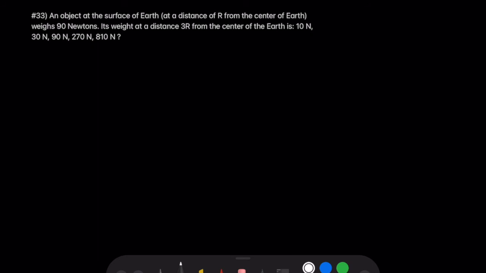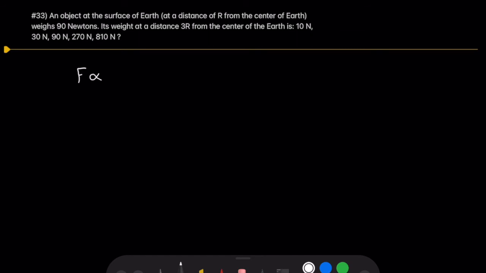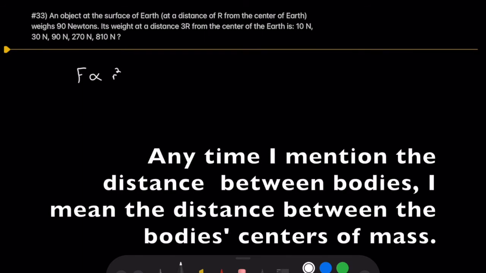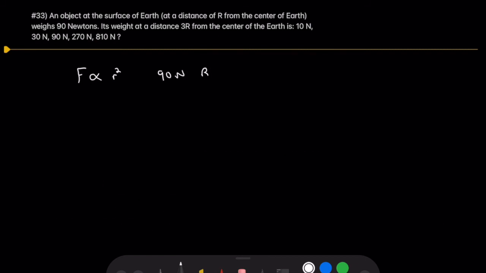We're going to look at two things here. The first thing we're going to look at is that Newton's law of gravitation has an inverse proportionality relationship with the distance of the bodies squared. So what that means is if we experience 90 newtons at a distance of r, then at a distance of 3r, we do 3 squared.